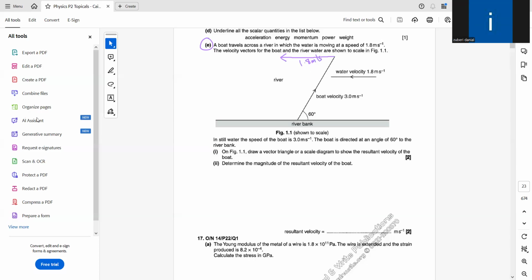And then do you get this part? Yes. And then the resultant would be somewhat like this. So this becomes a vector triangle. This is not a scale diagram. So remember one thing, the resultant is obtained by connecting the start with the end, always, regardless of the direction it has. Okay. Now, how would you proceed with this?